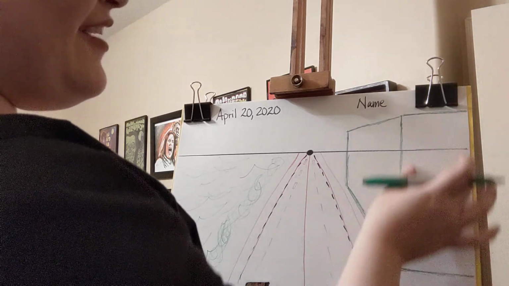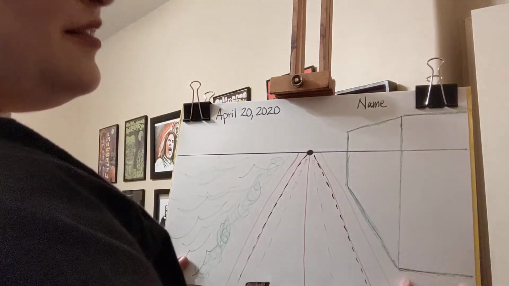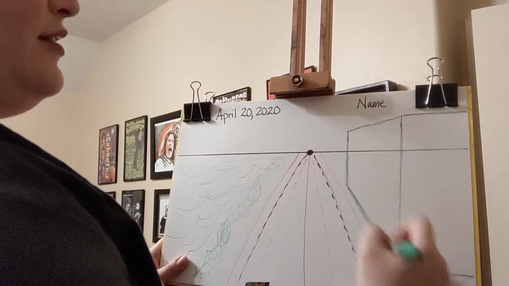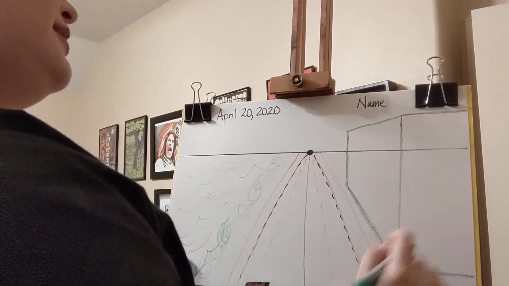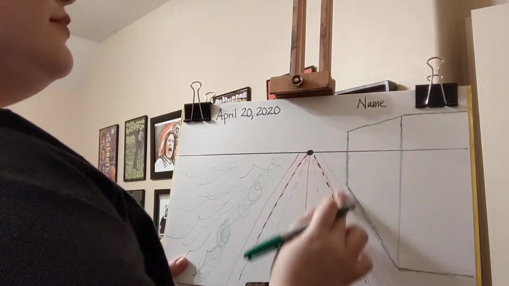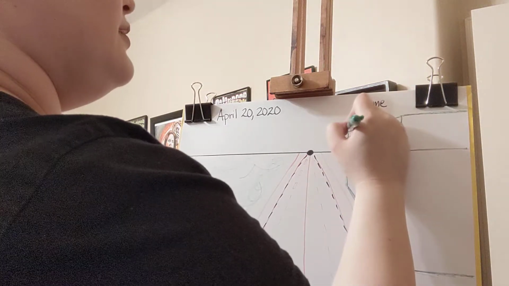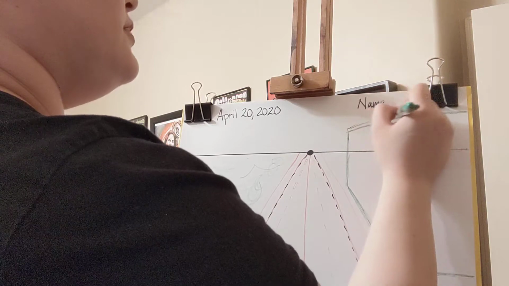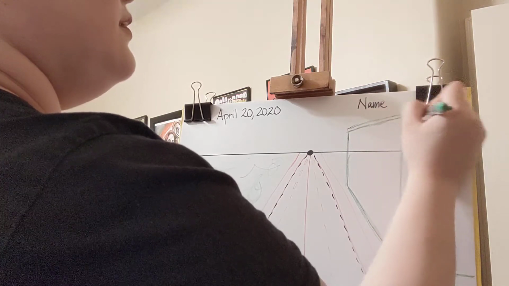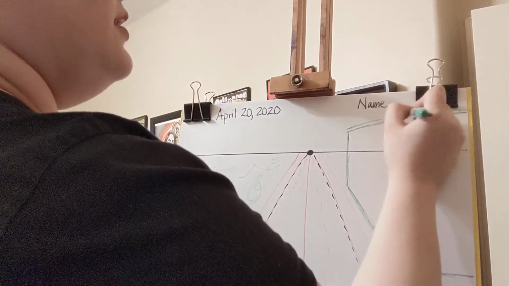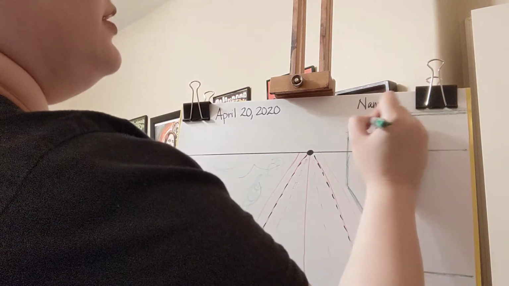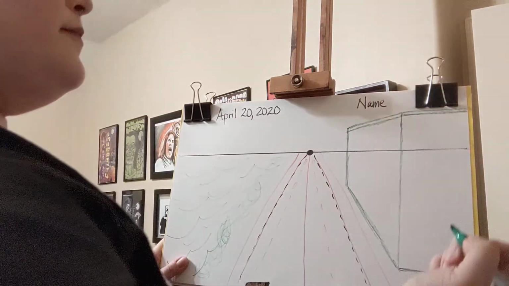It's not the best looking thing, but you know. Basically you're just going to have this front side showing, and then that side's going to follow this vertical, and if you want to add little details to the buildings, you can. It really depends on what you guys are going to be drawing, but this is just a quick example.